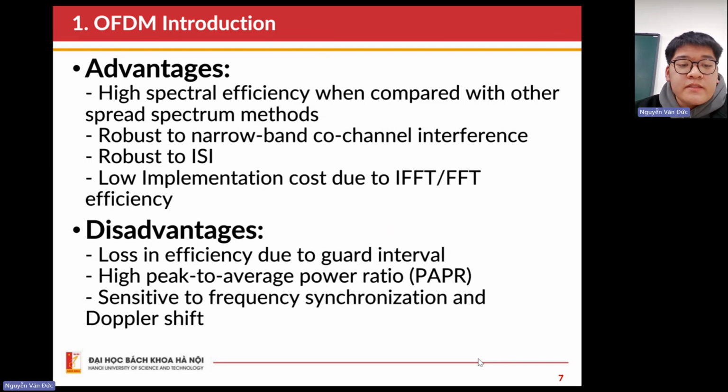About its disadvantages, the OFDM system has loss in efficiency due to the guard interval, and it also includes a high peak to average power ratio, which is PAPR. This system is also sensitive to frequency synchronization and Doppler shift.